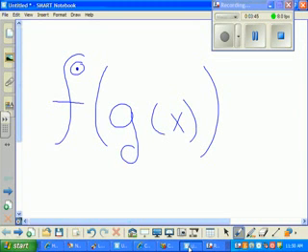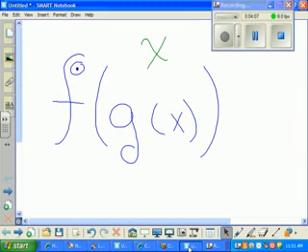It goes inside of you, right? So think about this. Normally we would have an f of x. What have I replaced x with? G of x. So now we're going to look at these functions and how we replace them with something different. We're making a composite.